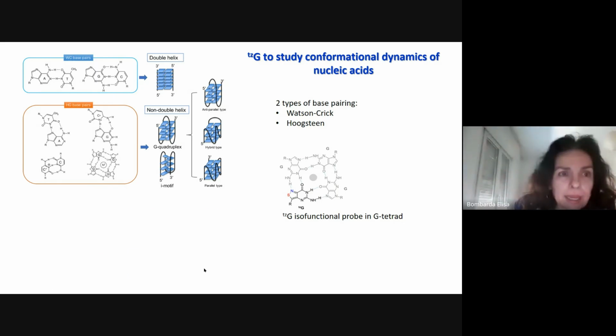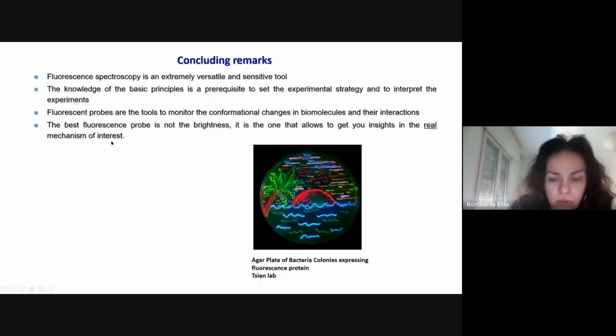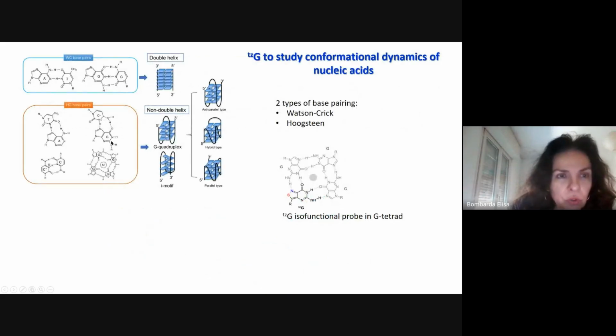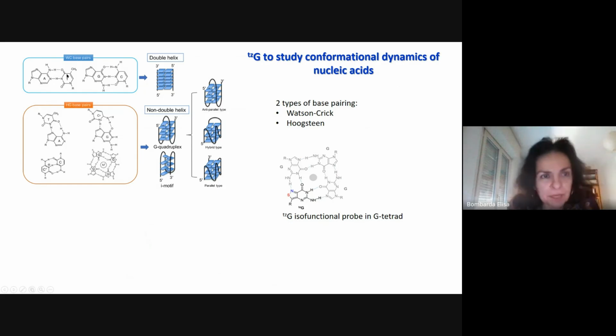As you know, the duplex, the double helix of DNA, reposes on the formation of hydrogen bonds between the bases, opposing bases.